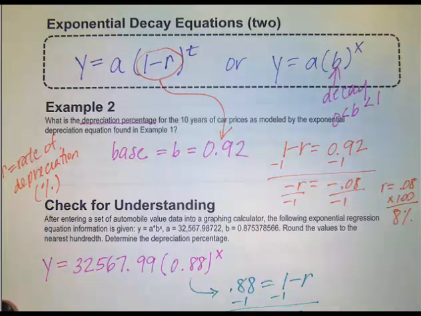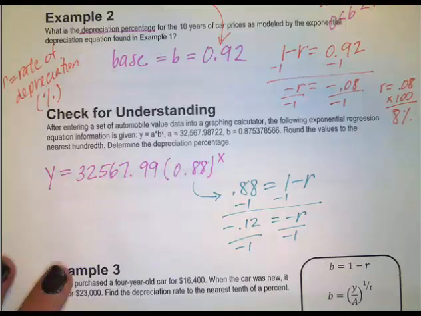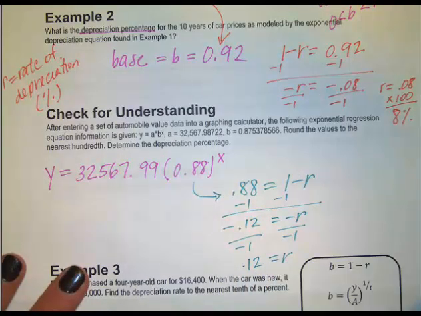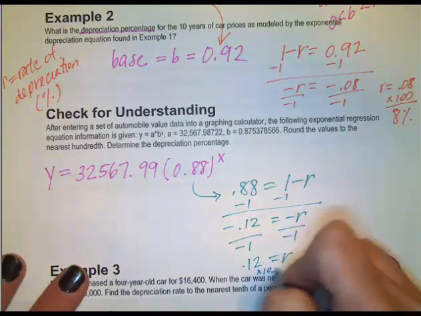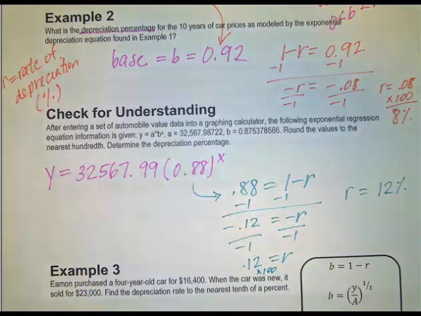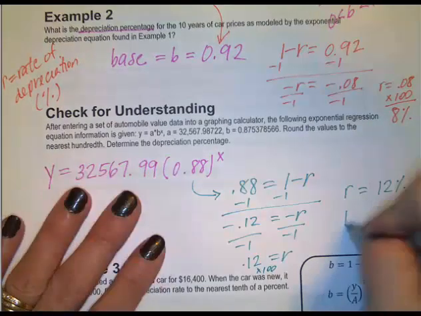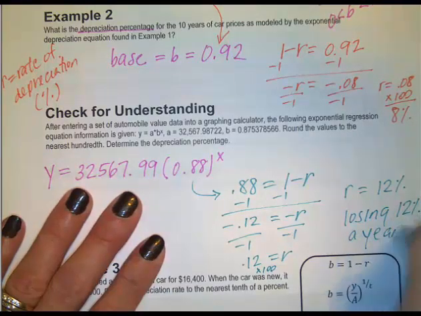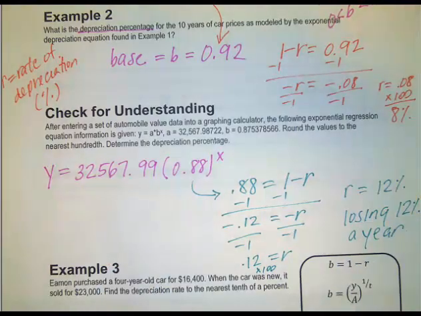Notice it's exactly the same steps as above. So we have 0.12 equals my r. So now I'm going to multiply by 100. So my rate is 12%. So I am losing 12% a year. Hopefully my time is in years, okay?